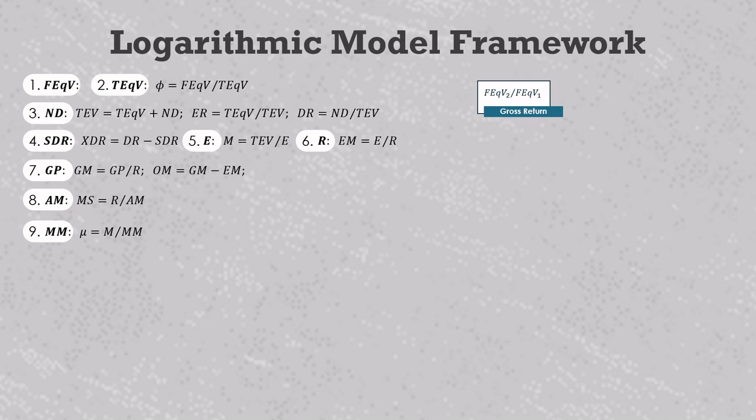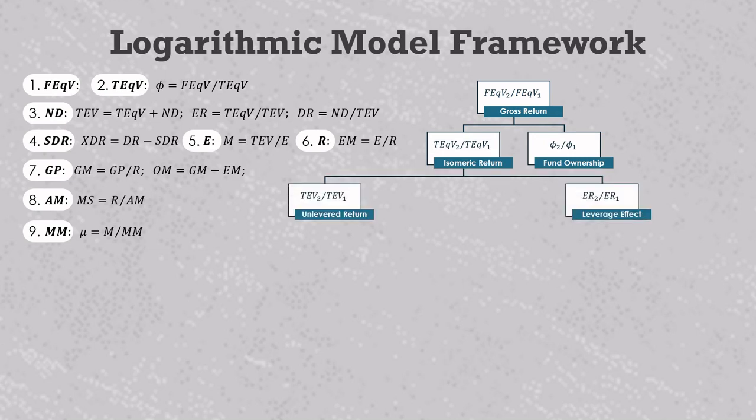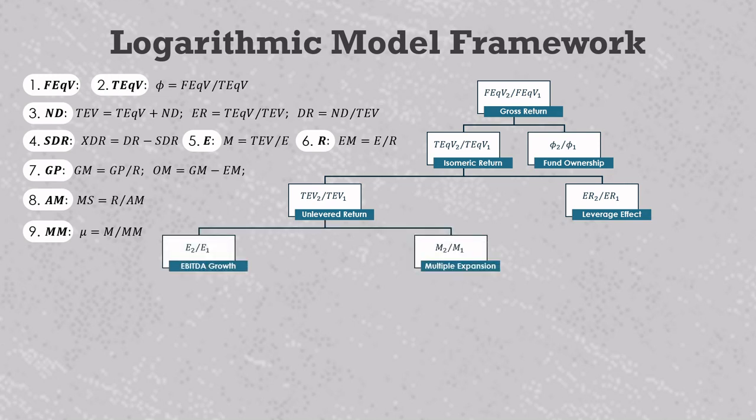The isomeric return is driven by the change in total shareholder equity, while fund ownership impact is driven by the change in the GP or fund's share of equity. The unlevered return is driven by the change in enterprise valuation, while the leverage effect is driven by the change in the equity ratio. EBITDA growth is driven by the change in TTM EBITDA, while multiple expansion is driven by change in the valuation multiple.